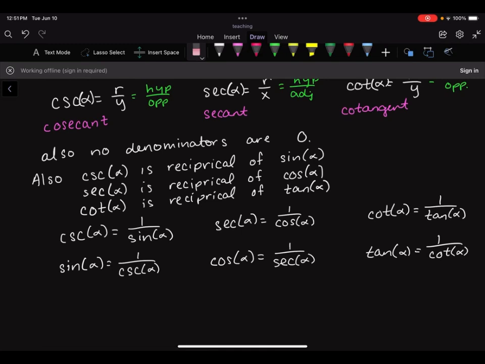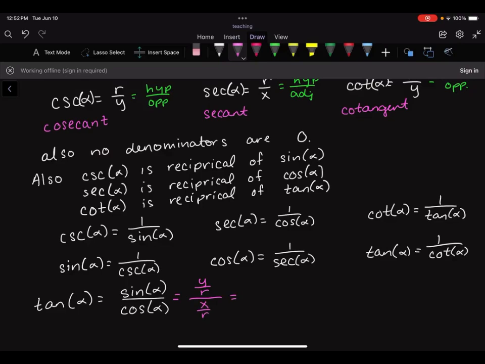I also want to mention something to you, that tangent of an angle, you may already know this relationship, is equal to sine of alpha over cosine of alpha. The way we can show that this is true is because sine of alpha is equal to y over r, and cosine is equal to x over r.